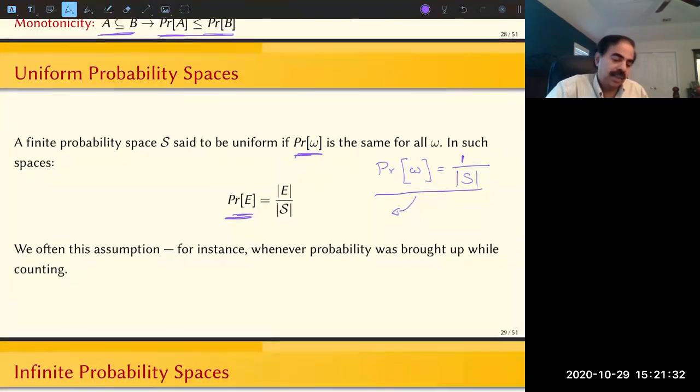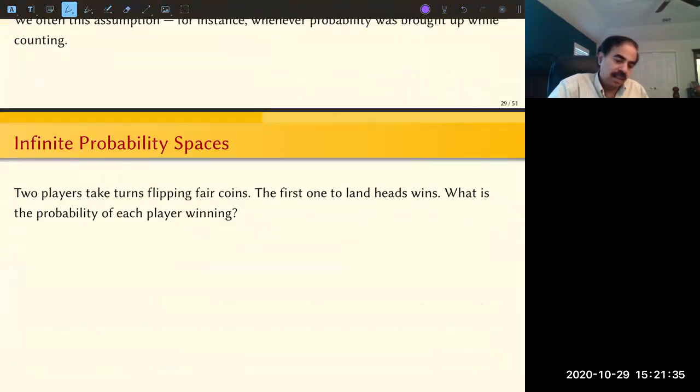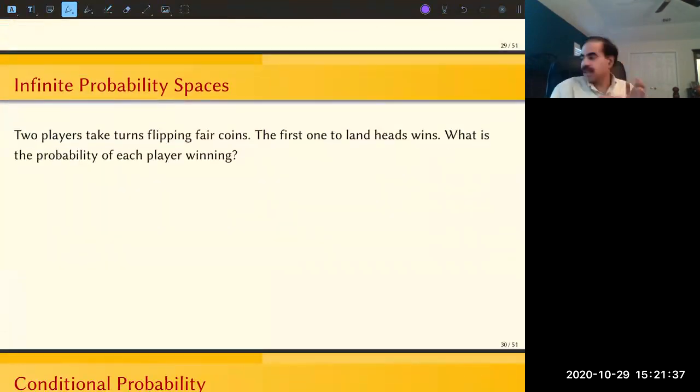Okay, so I assume this is fairly easy to follow. So we said the probability spaces are countably infinite, right? The countably infinite condition means that we are talking about discrete probabilities, right?